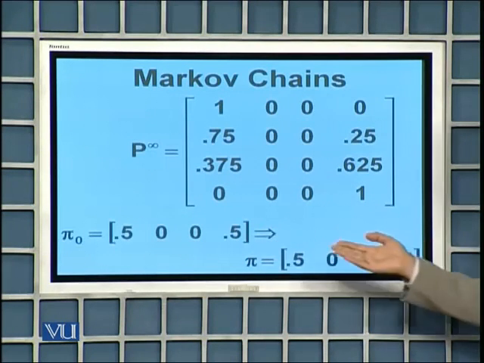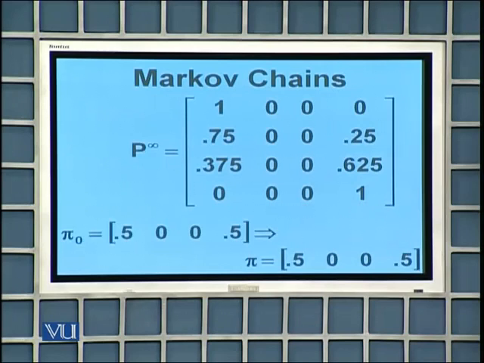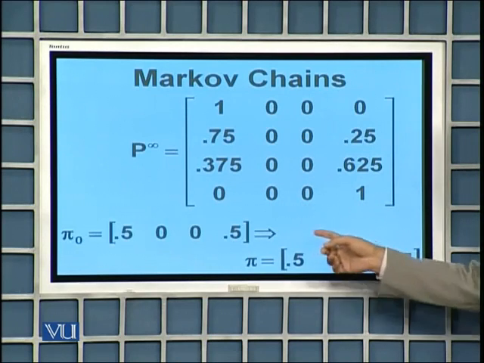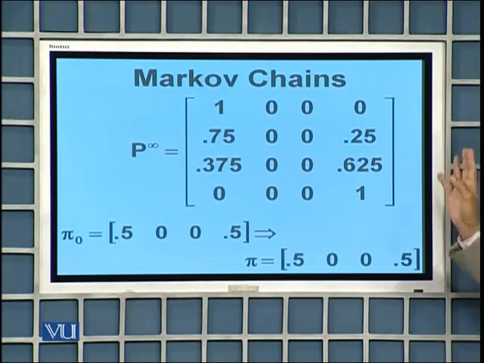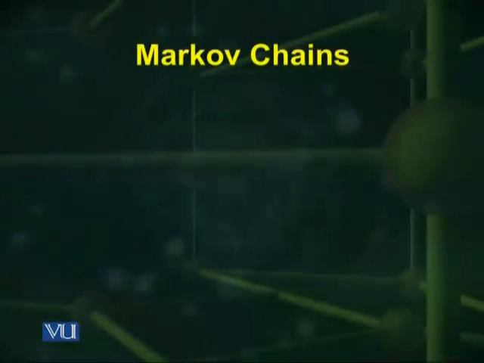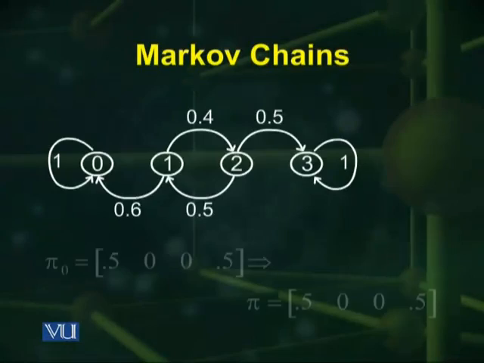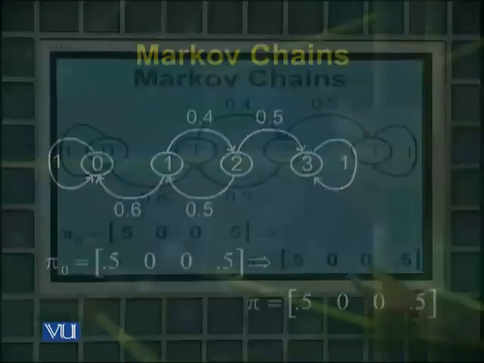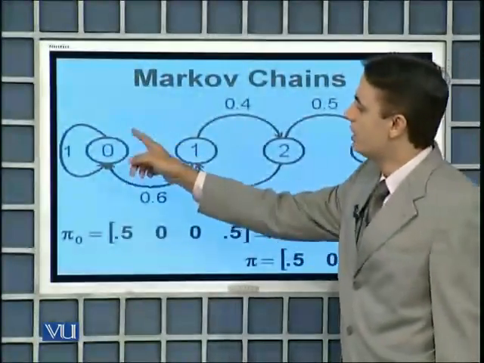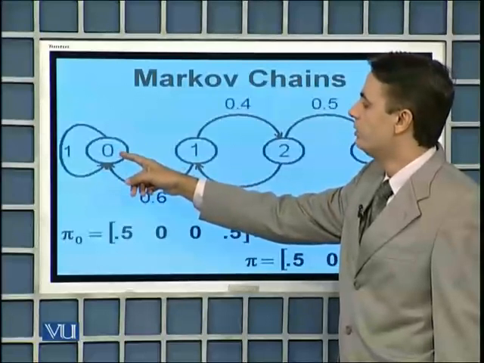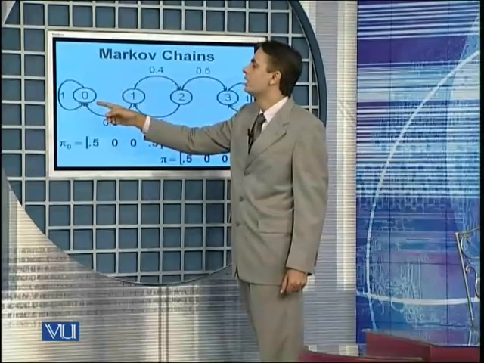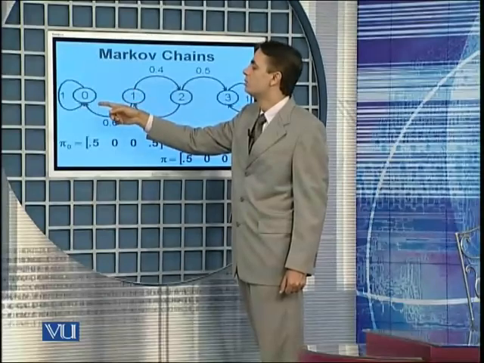If we start with this initial probability distribution, we'll have the stationary probability distribution same as the initial distribution, which is also clear from the graphical representation of the Markov chain: if we start in this state with probability of 0.5, we will remain in this state for subsequent observations.